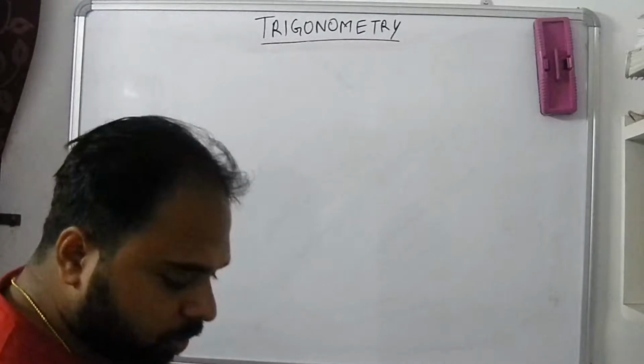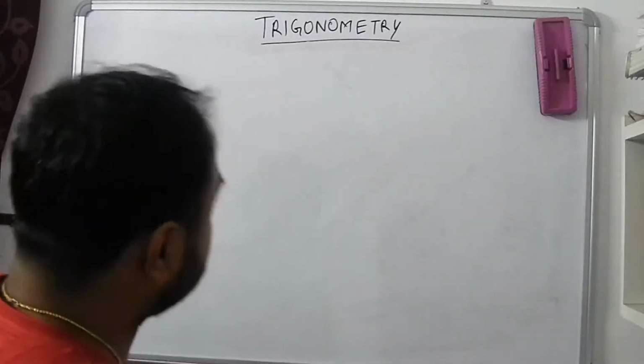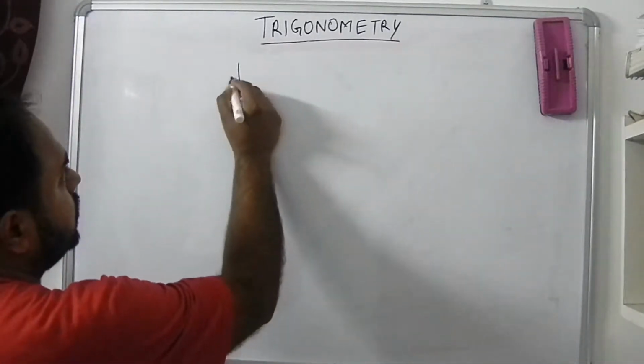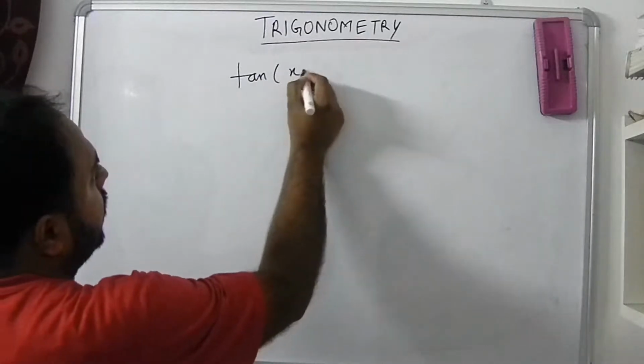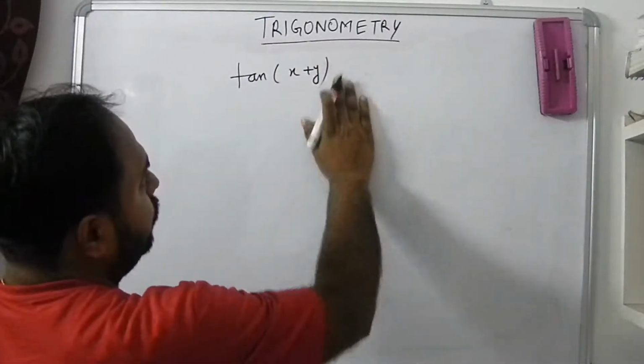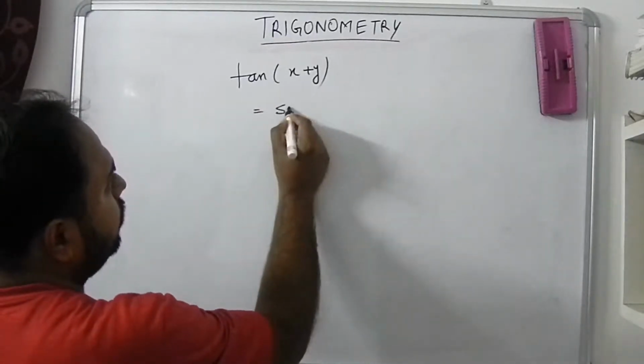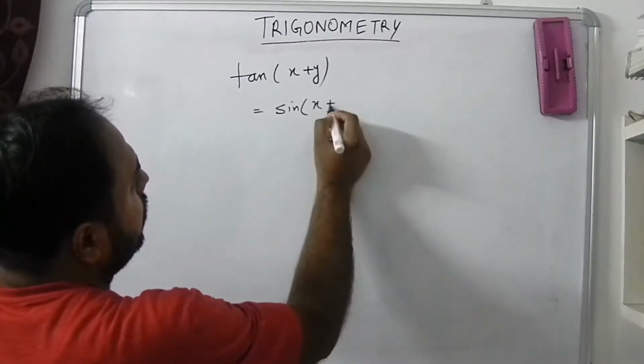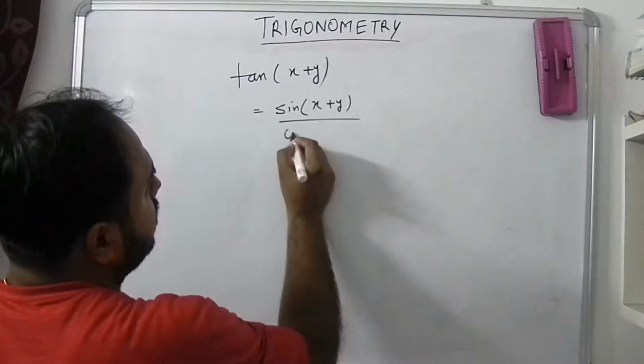Right. So the key thing that we have to look into this time is tan of x plus y. Now, what is tan? We know. So tan of x plus y we have to find. So what we can do is we can take sine of x plus y upon cos of x plus y.